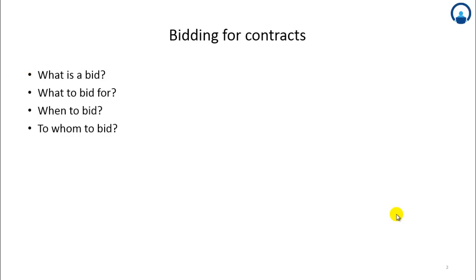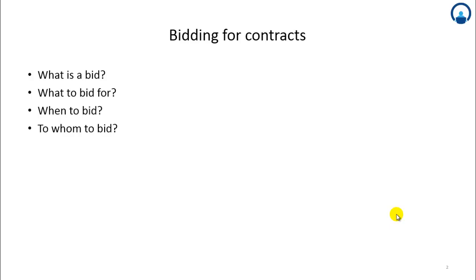Then the next question that comes to your mind is what to bid for, when, and to whom. A few more questions would also come up. How to submit a bid and for what purpose?